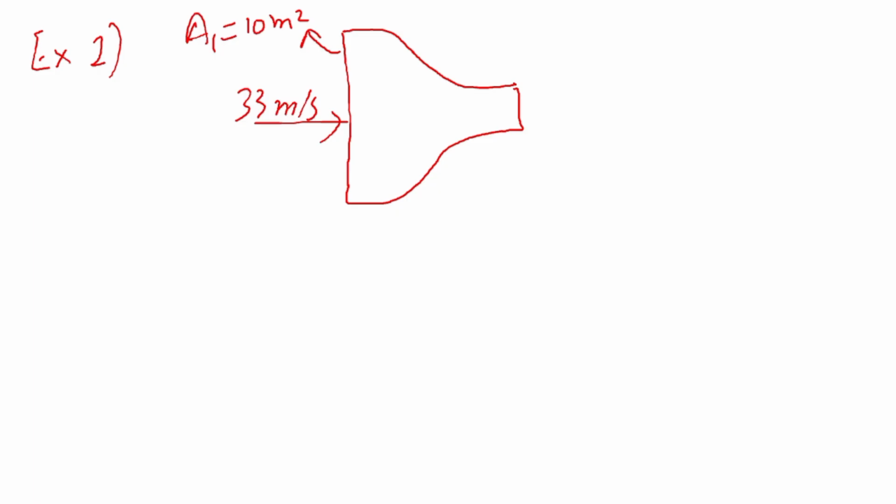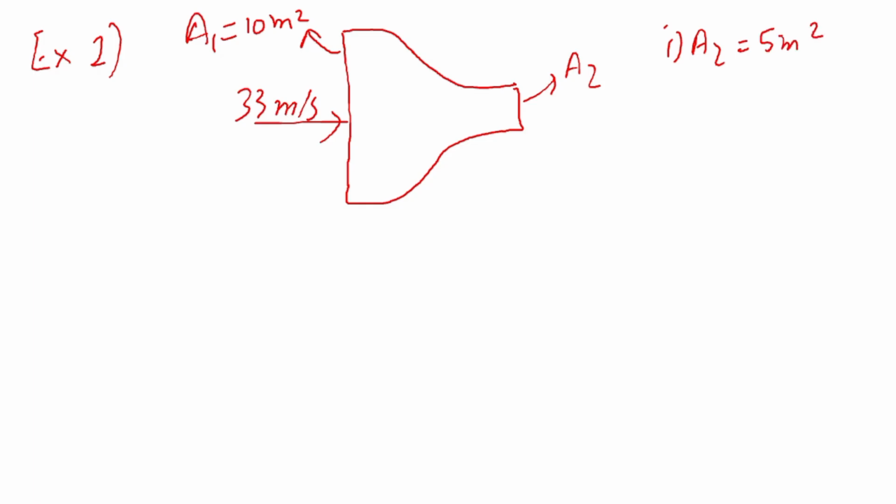Okay, now the area of this outlet is given to be, we'll do three parts of this problem, or three sections in some sense. In the first case, the area of this outlet is given to be 5 meters square.